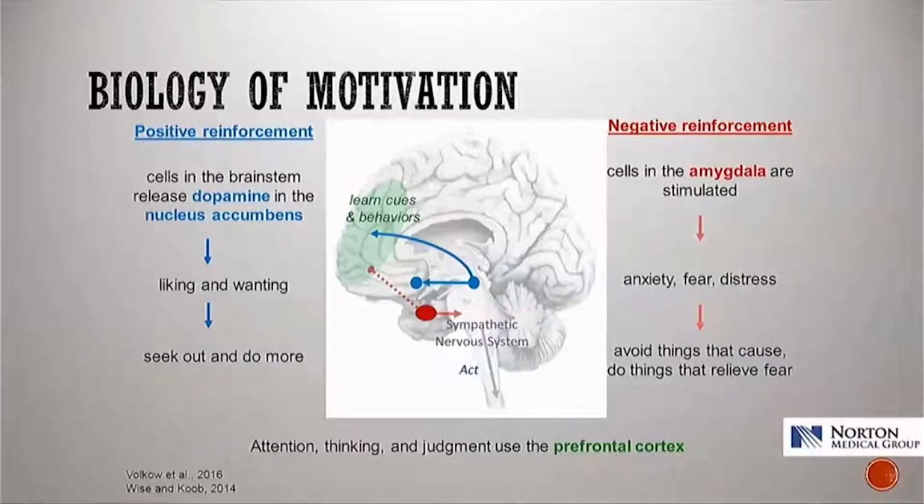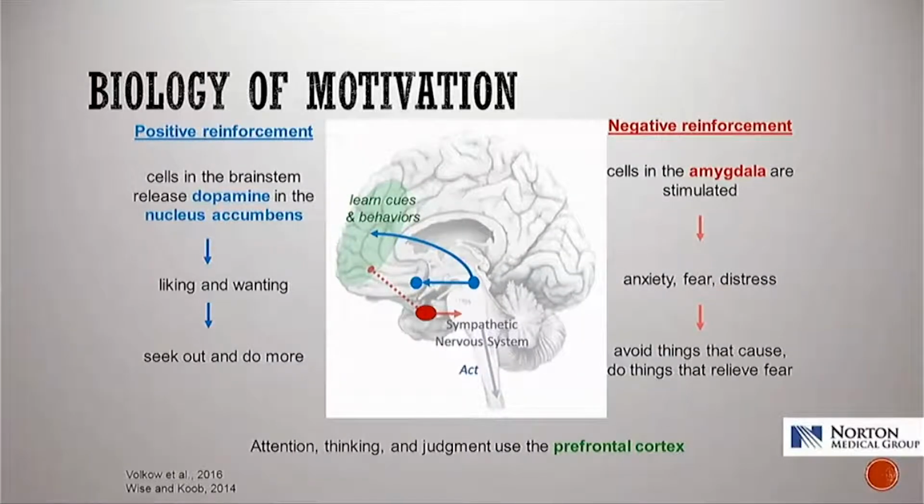Just to be very brief about this, the addiction process basically hijacks the brain in the reward pathways, and this is the positive reinforcement pathway, where the brain gets exposed to a substance and it likes it a lot, it wants it, and it keeps cycling through that. So it seeks it out and it wants more of it. And the stronger the substance, the more it hijacks that pathway.